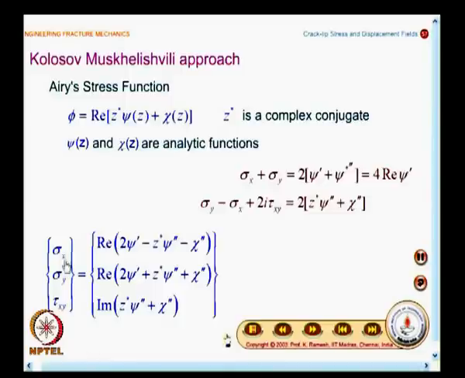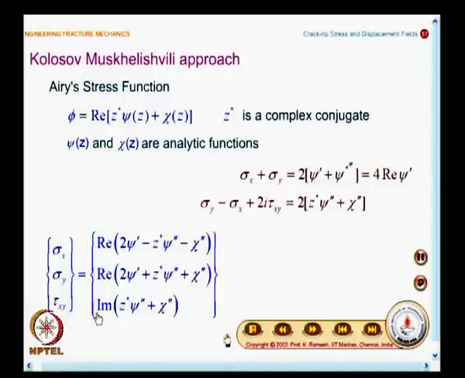Sigma x is given as real part of 2 xi prime minus z star xi double prime minus chi double prime, and sigma y is real part of 2 xi prime plus z star xi double prime plus chi double prime.